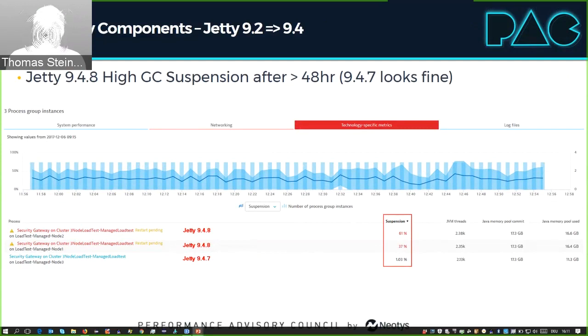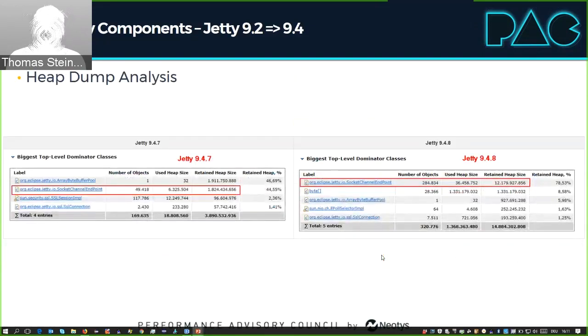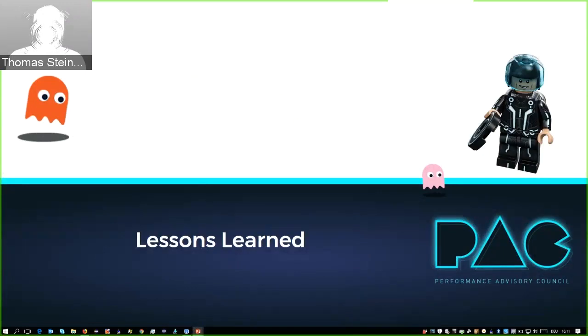What you see here is 3 nodes, 2 nodes with .8, 1 node with .7, kept running for a few hours or even days. And what we see is really a completely different picture regarding GC suspension across those 3 instances. So again, more or less it looks like, and it is, a memory leak. So be careful here as well.